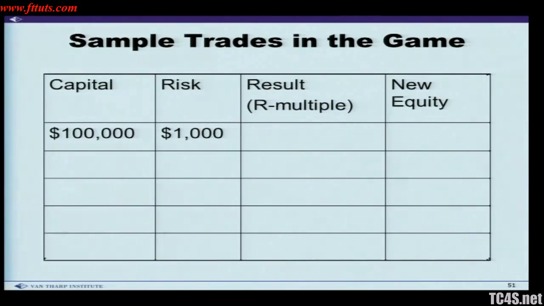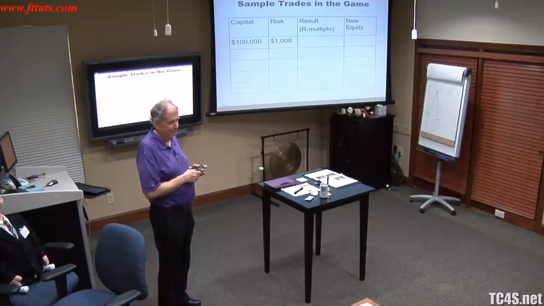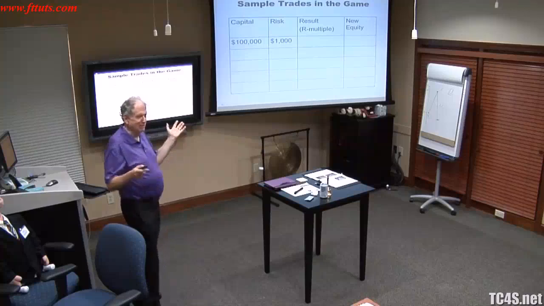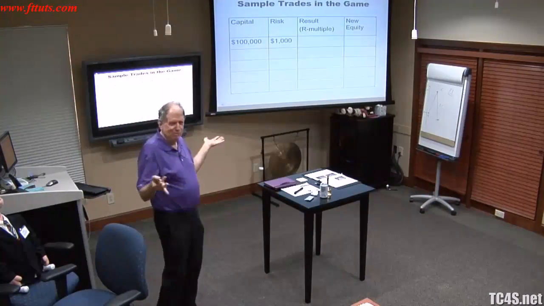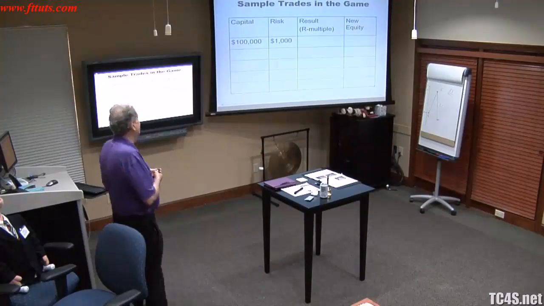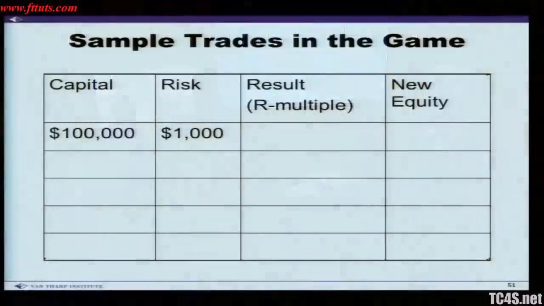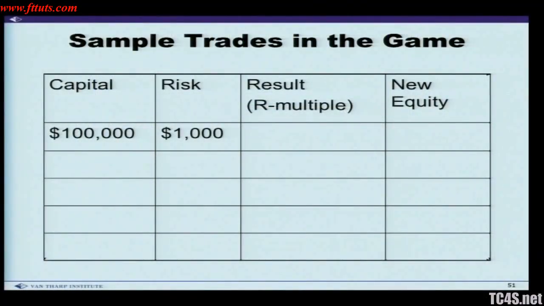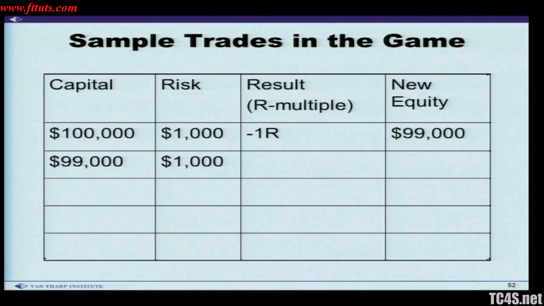So let's look at sample trades in the game. I'm going to explain this really well so nobody's at a disadvantage. Let's say this happens. You risk 1,000 on the first trade. Your result is a -1R. You have 99,000. You risk another 1,000.